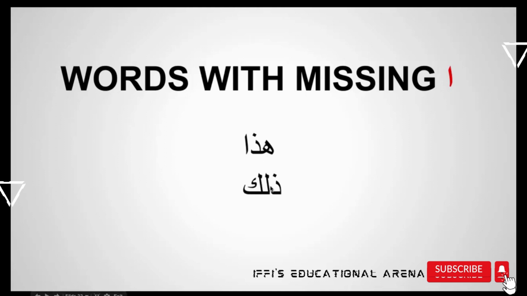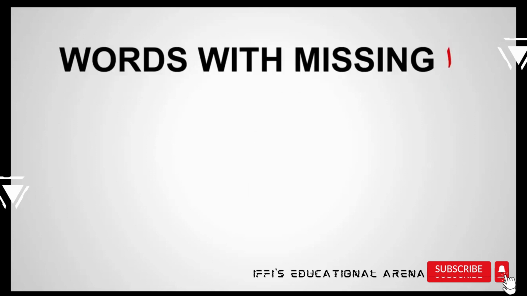We will learn some most common words which I feel nobody would have noticed. So you'll be happy to know the words in which the alif has been omitted. If you look at this word, you will not recognize it at the first instance unless you say, oh, what is this? It looks like something. If you see now, we know.